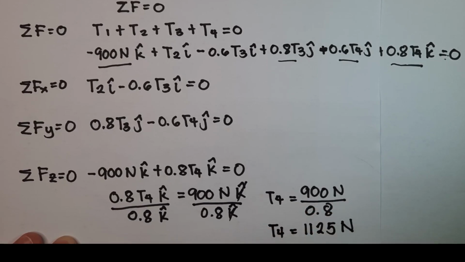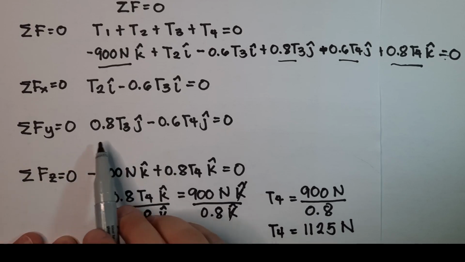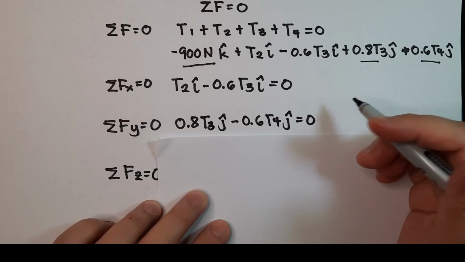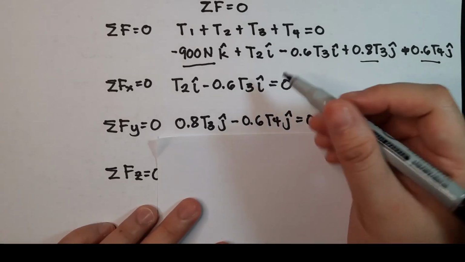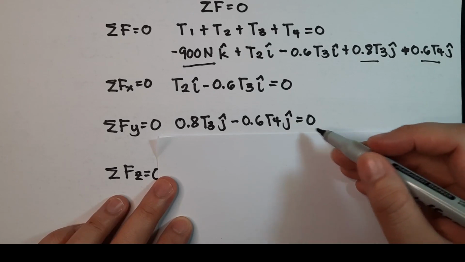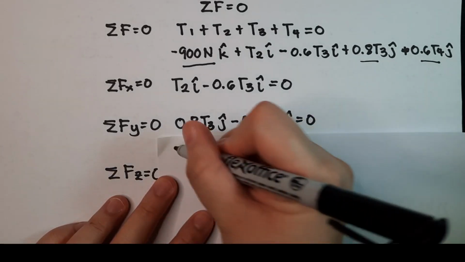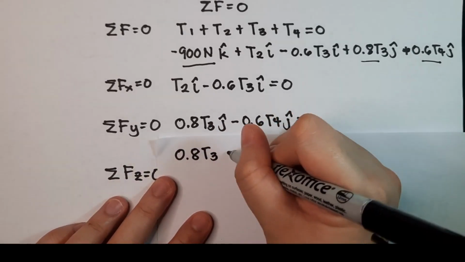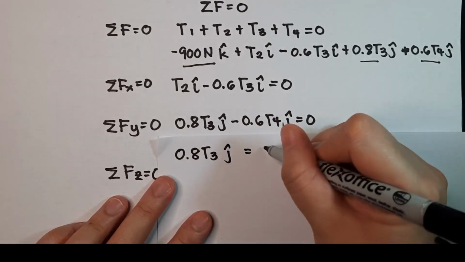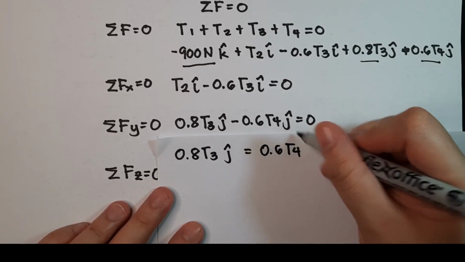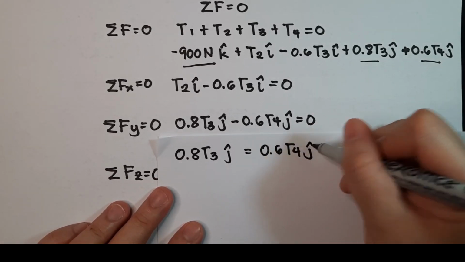Now, since we know T4, if we look at the forces along y, we can solve T3. I transpose negative 0.6 T4 j hat to the other side so that it will be positive. So 0.8 T3 j hat is equal to 0.6 T4 j hat.